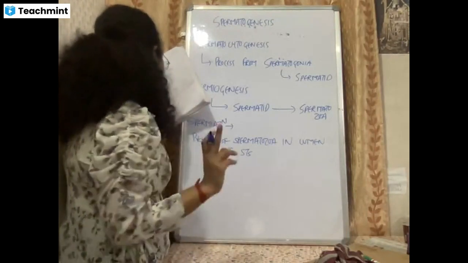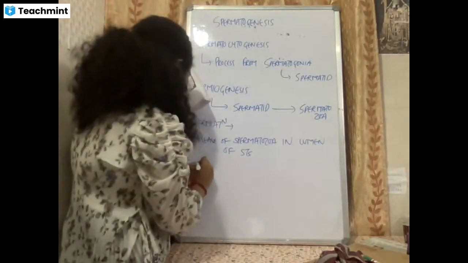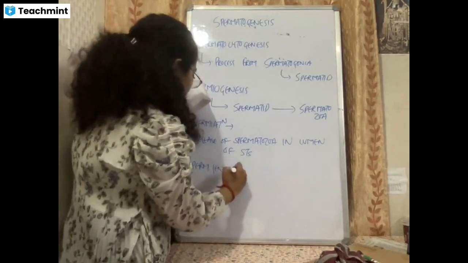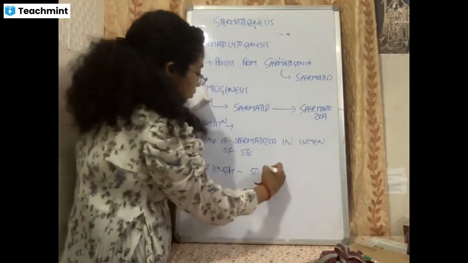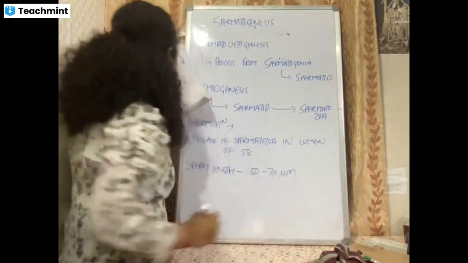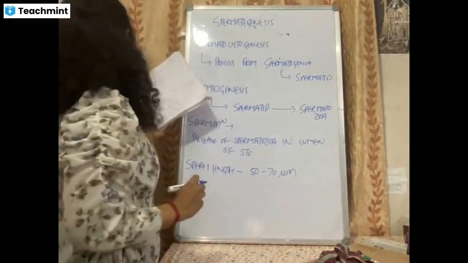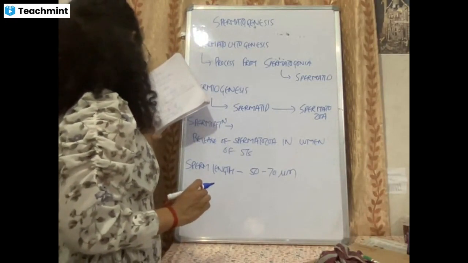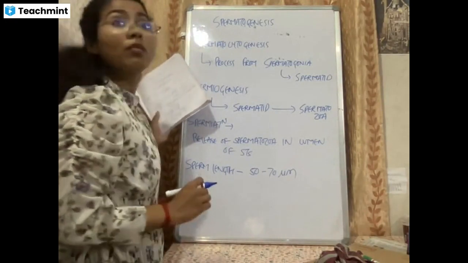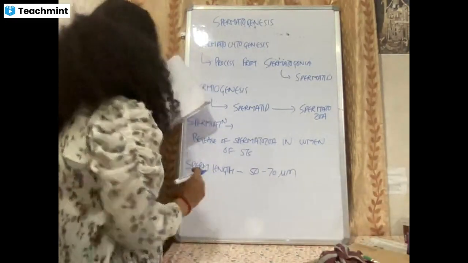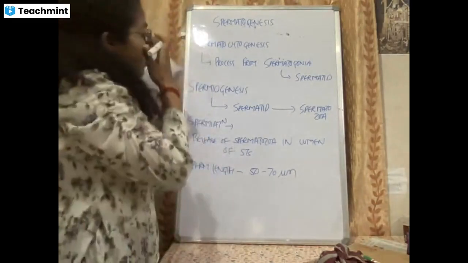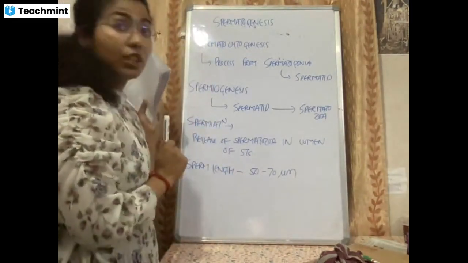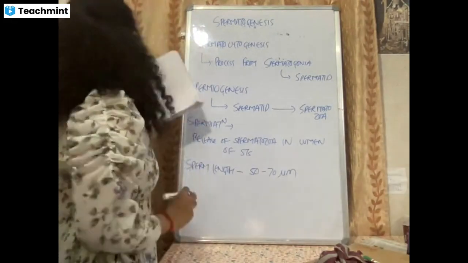Now you have to remember the sperm length. Sperm length is usually 50 to 70 micrometers. Remember these words: spermatocytogenesis, spermiogenesis, spermiation, then the sperm length.